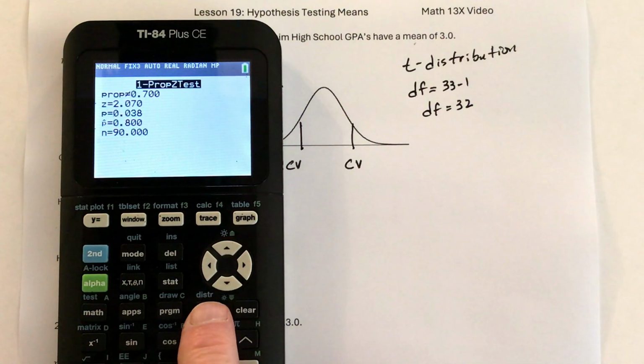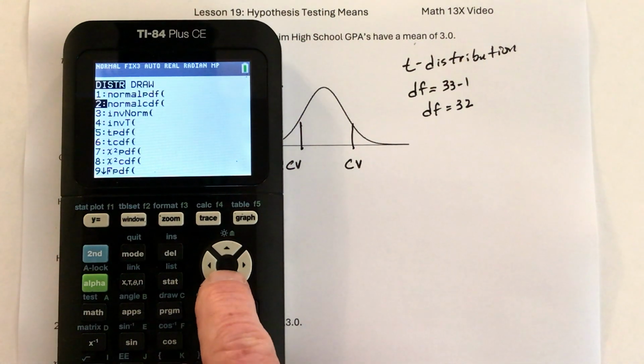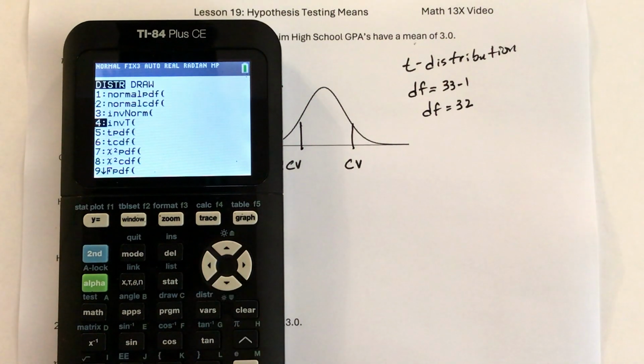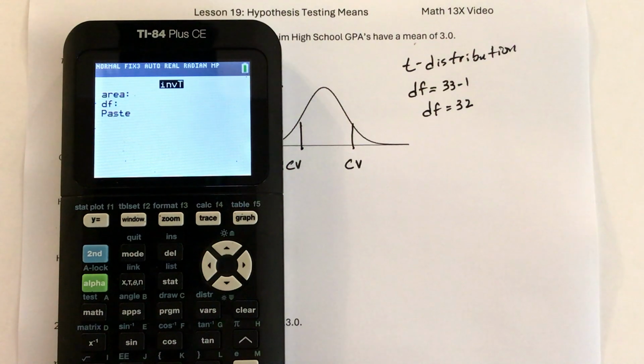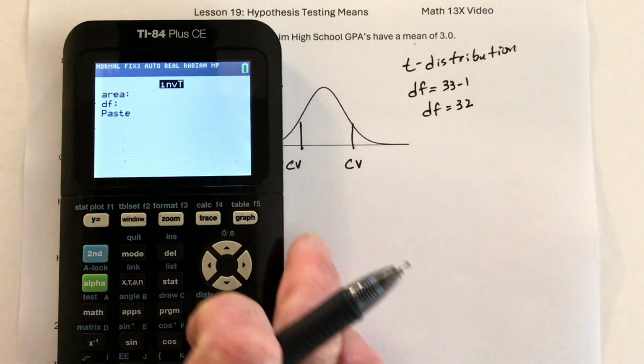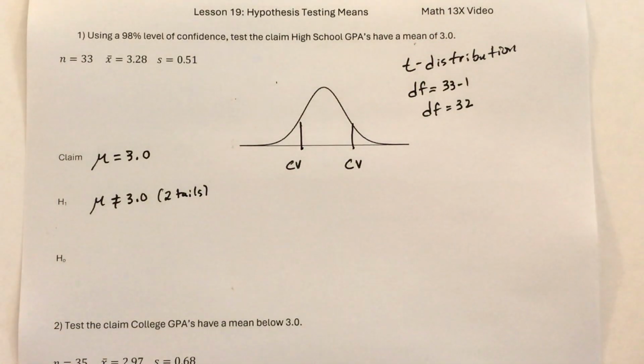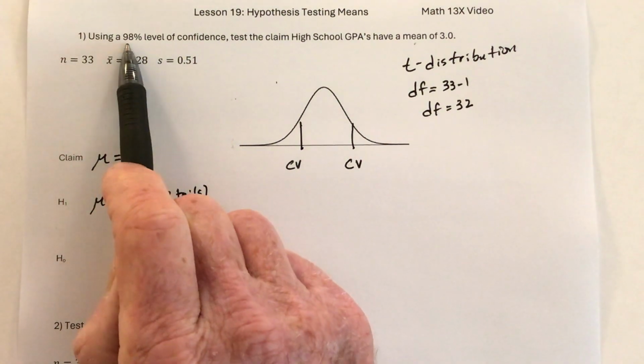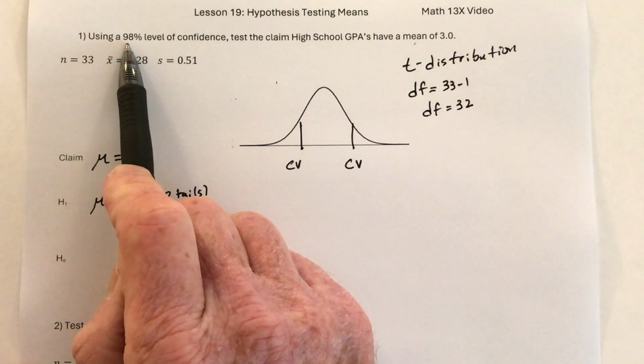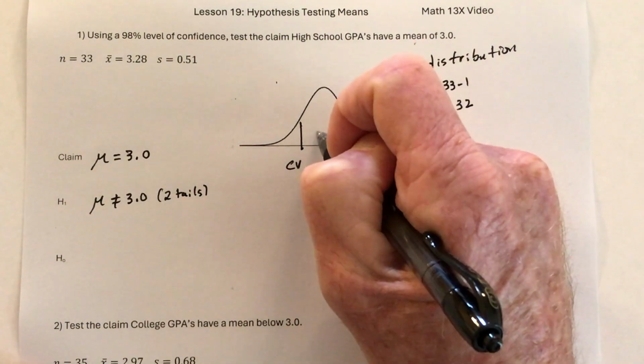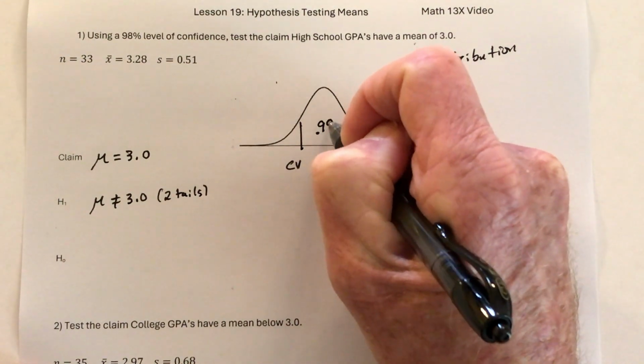Go to distributions, second distribution, and then it's number 4, the inverse t distribution. So tell it what the area is. Oh, I forgot to do that part. I said let's use a 98% level of confidence. That means the middle of the graph is 0.98.